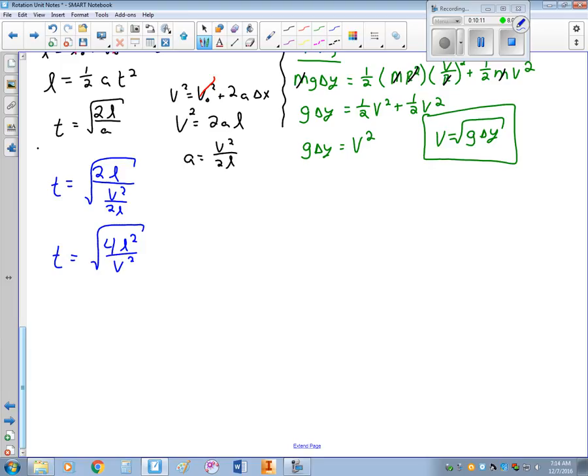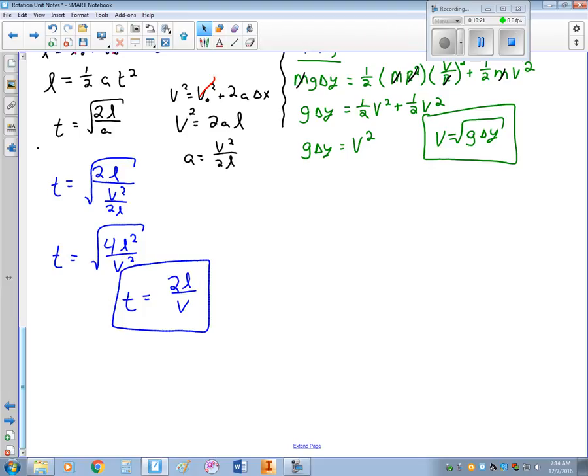So the time it takes would equal 2L over v, and then I could just plug in my two numbers I got for the velocities for the disk and for the ring.